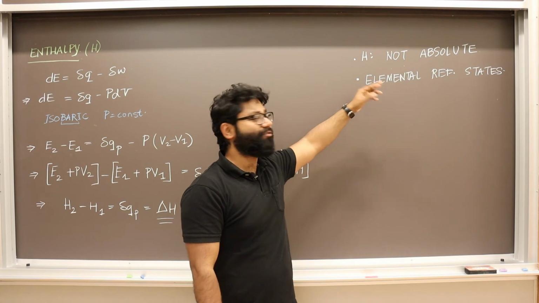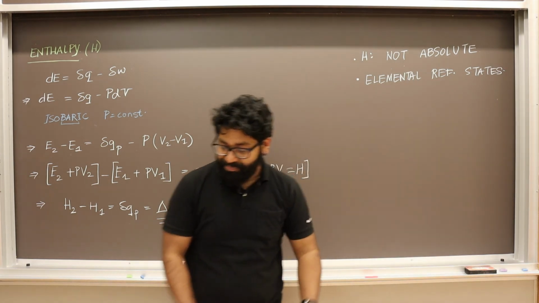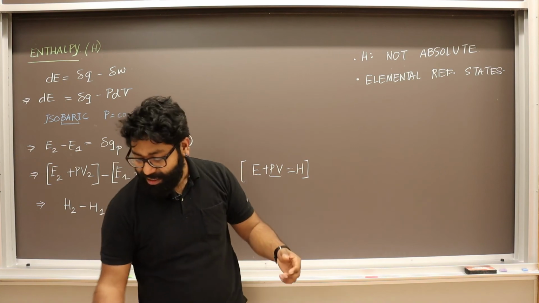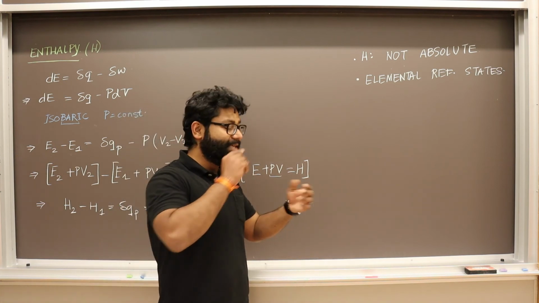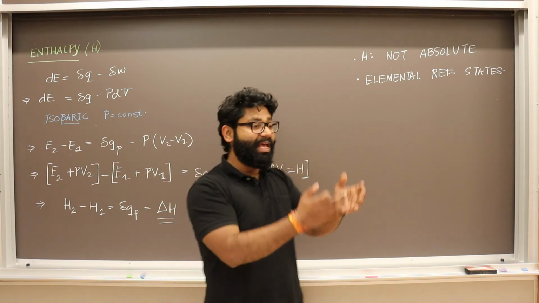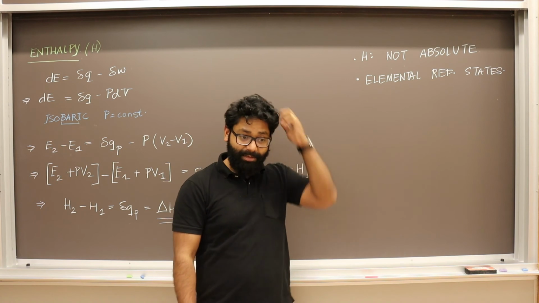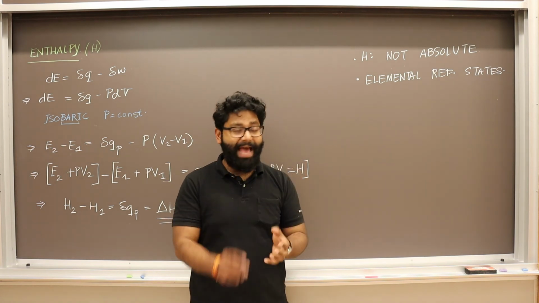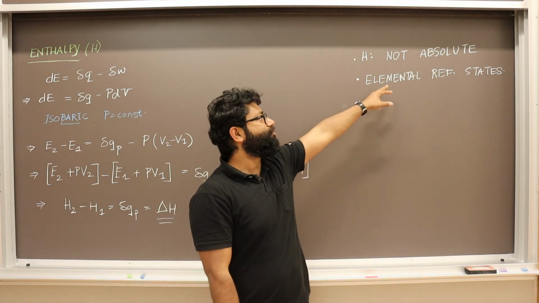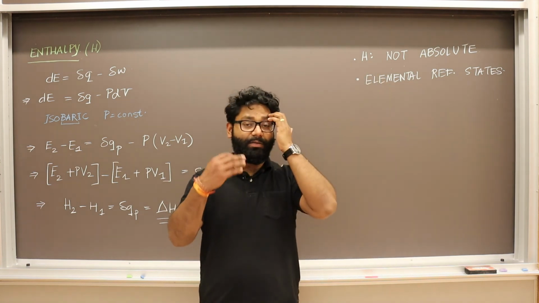You have to have a reference state, and that is what the elemental reference states are for. So you get that, and you calculate the enthalpy change between a certain process. If you want to calculate the enthalpy change of any reaction, you will always have to refer to these elemental reference states, which are assumed to be 0.